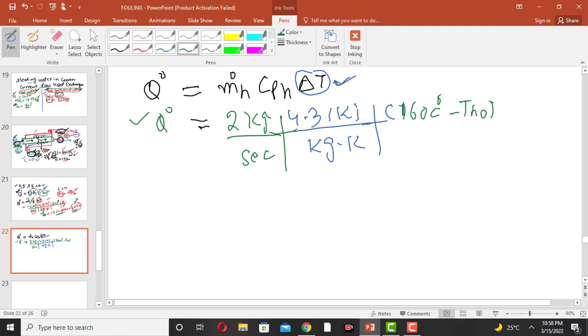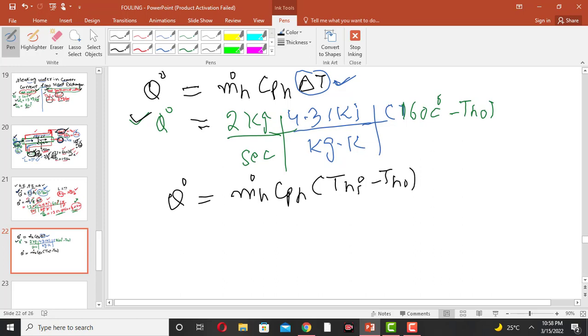This is the heat given by the hot fluid to the cold fluid. So this equation can be further simplified. Q is equal to mass flow rate of the hot fluid, Cph, inlet temperature of the hot fluid minus outlet temperature of the hot fluid.